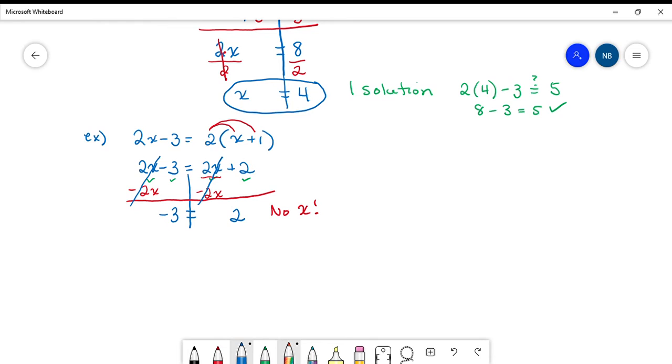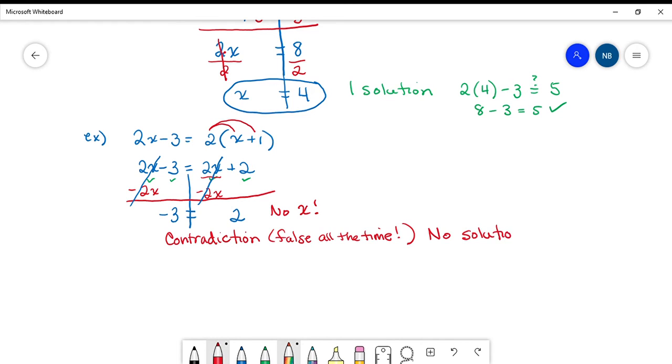So this is called a contradiction, because it's false all the time. And so this is a situation where the equation we started with was bad from the get-go, and so we say that there is no solution to this equation.